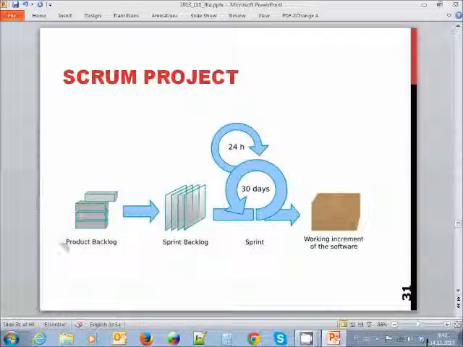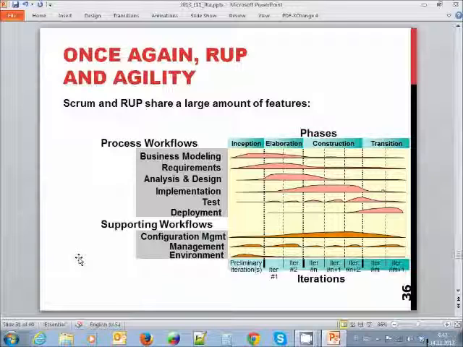Then we might have a couple of last backlogs, things like internal quality assurance, external quality assurance, beta testing, limited release, and full release. So basically that's your deployment with Scrum.